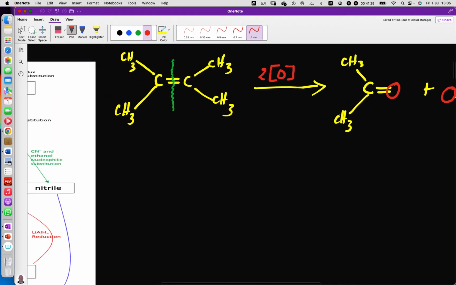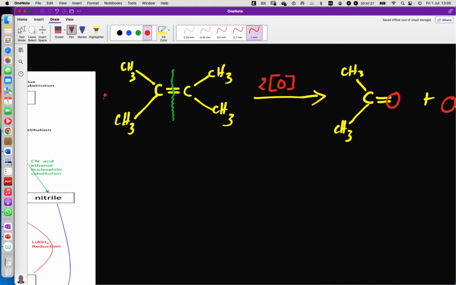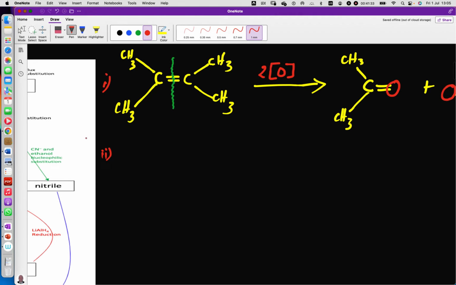Another one. Should we have an alkene that has an alkyl group like a methyl group on one side and a hydrogen on the other, this is what is going to happen.